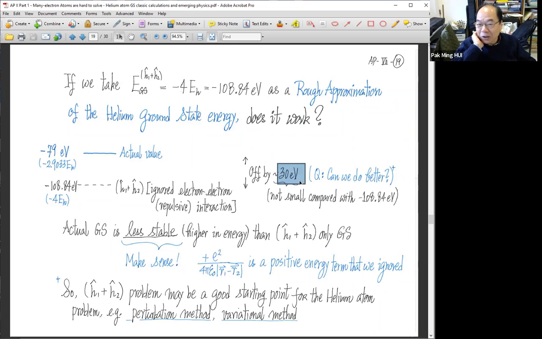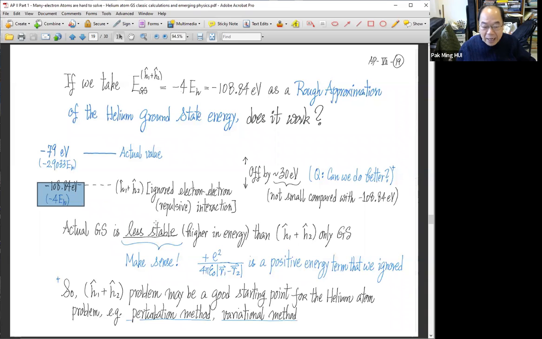So we have more work to do. First thing, we cannot ignore the repulsive term. But secondly, a good sign is the following. What we predicted is more negative. So if we ignore the electron-electron interaction term, we predict this helium atom to be too stable when compared to the actual value.